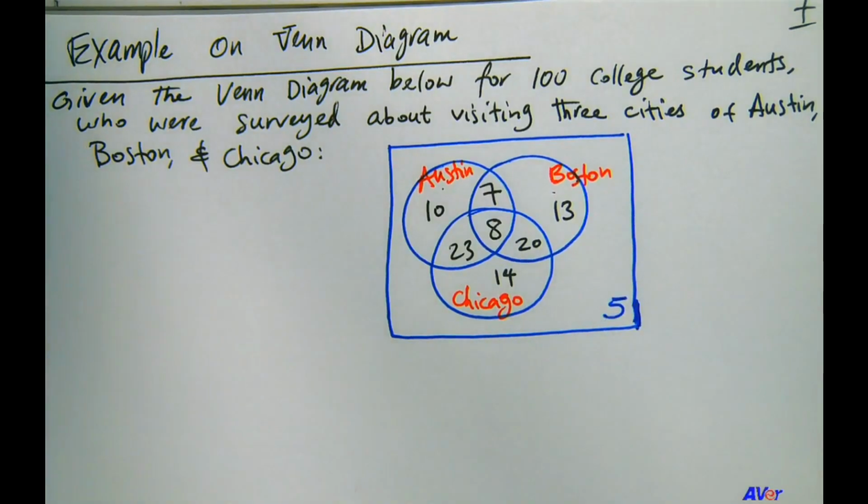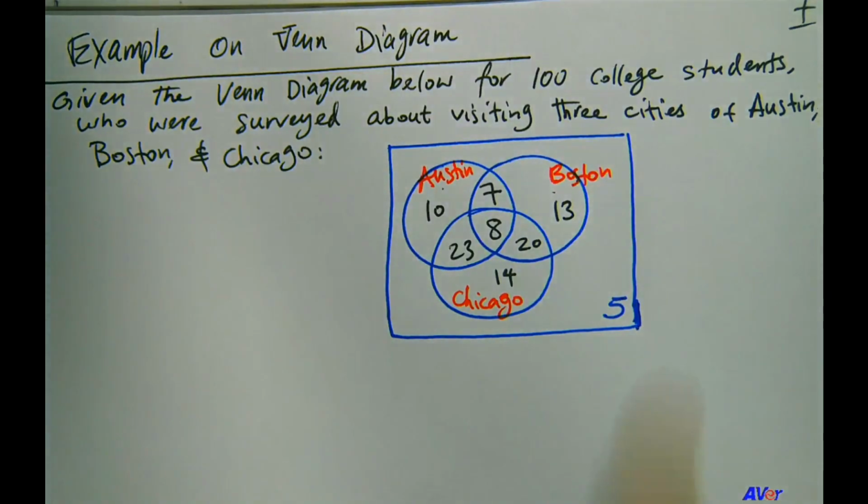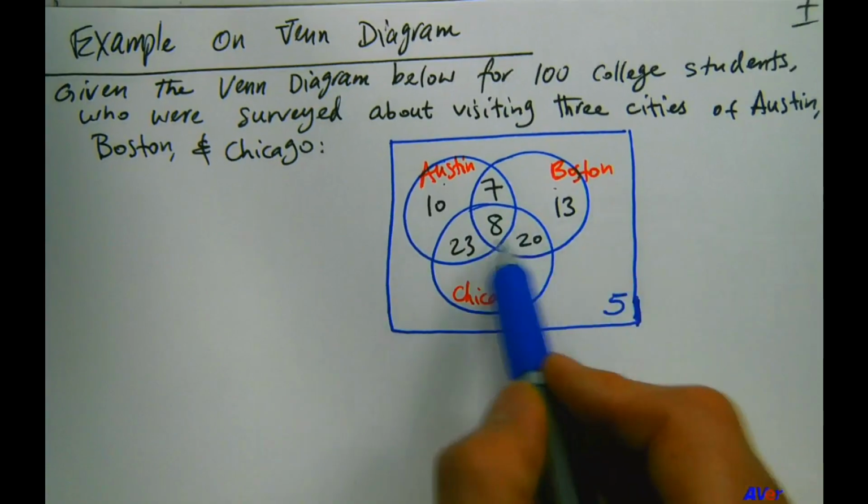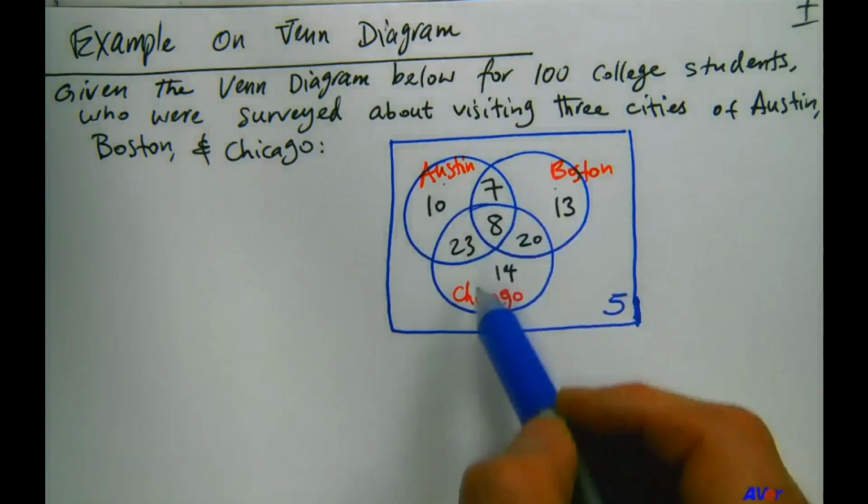Five. Okay, so let's make sure that we understand these numbers. These 5 are 5 who didn't visit any of these 3 cities, right? Not Austin, not Boston, not Chicago. That's these 5. By contrast, these 8 visited all 3 cities, Austin, Boston, Chicago.